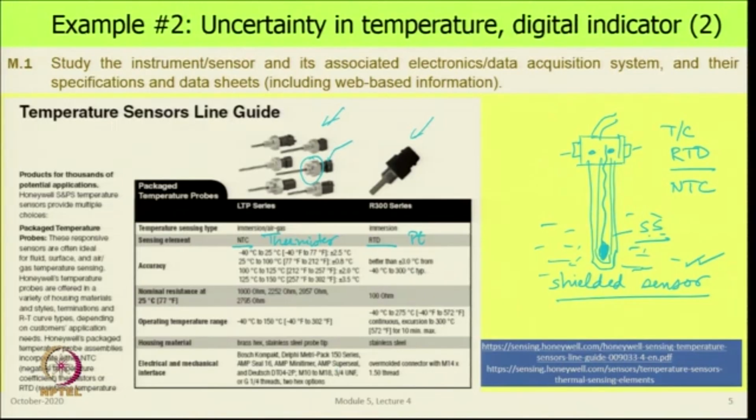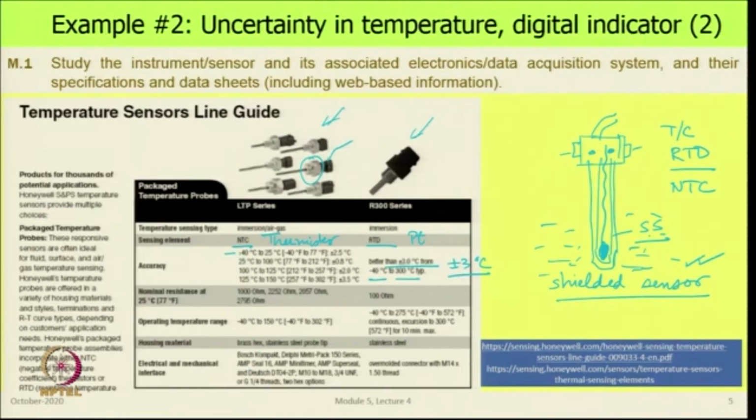For the RTD it says that the accuracy is better than plus minus 3 degrees Celsius from minus 40 to plus 300 degrees Celsius. So, over this range, the accuracy of this is plus minus 3 degrees Celsius. For the thermistor, it is a little more involved, as you can see here.